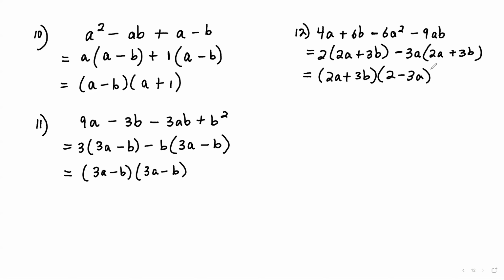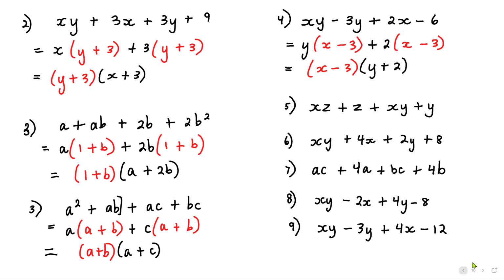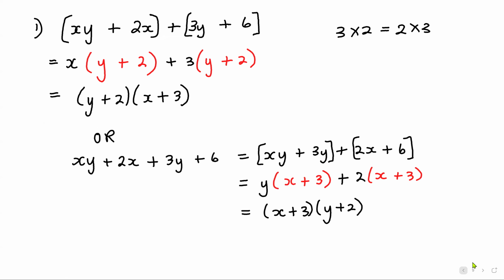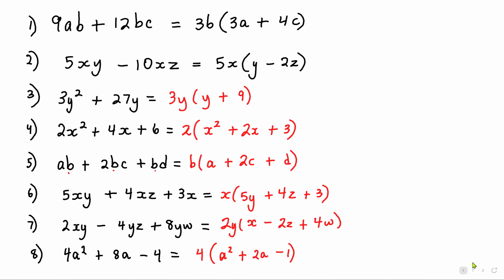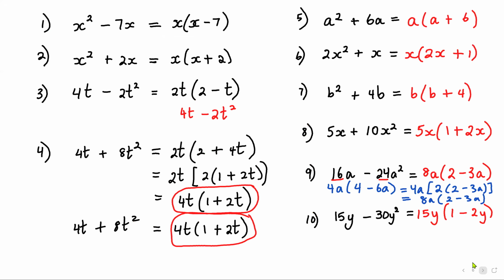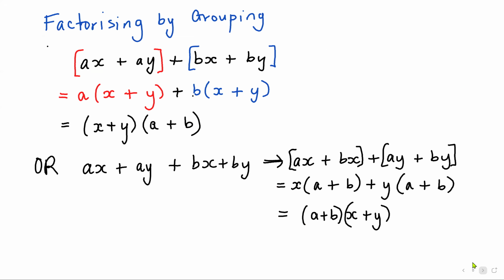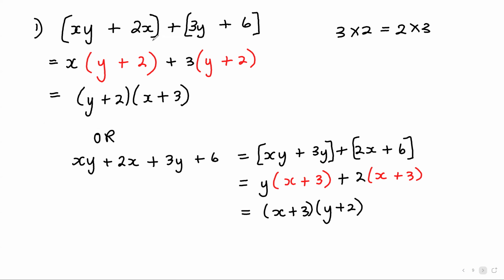So one thing about factorizing by grouping is that you have to be very careful with your signs, right? It's the same steps as you do with factorizing normal expressions, just one at a time or two at a time. With grouping, you group it into two pairs that have like terms.